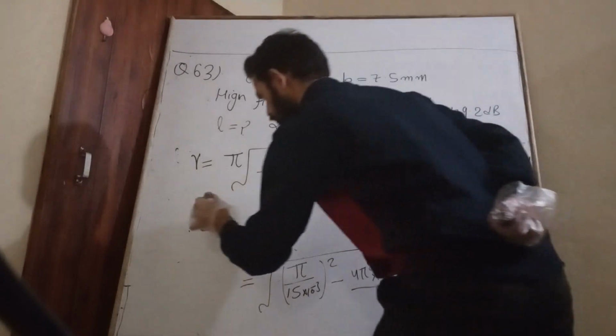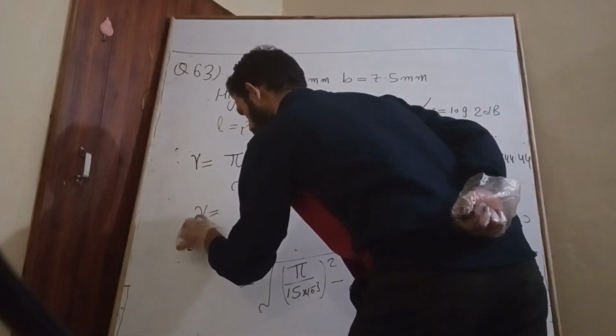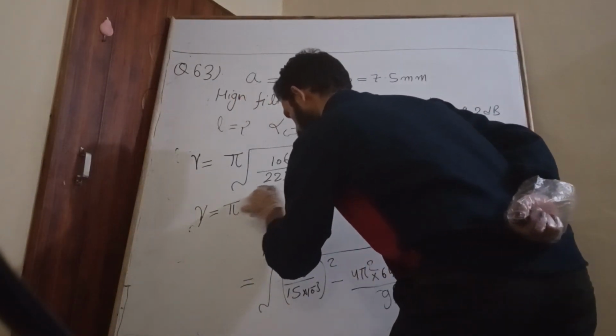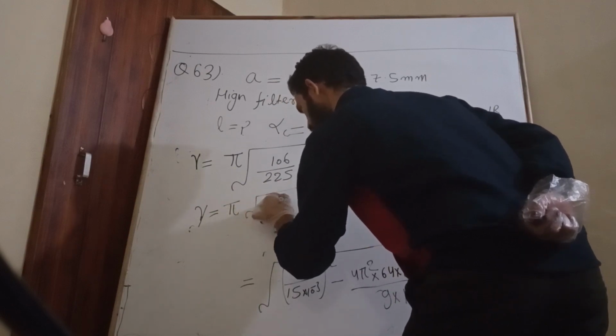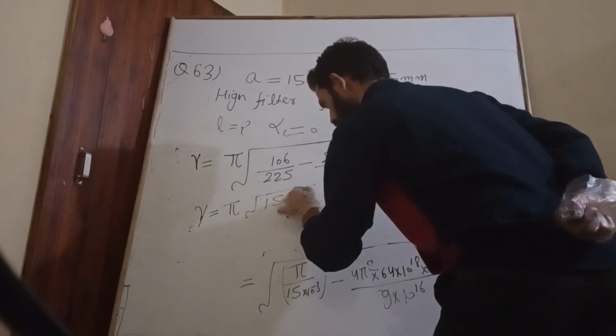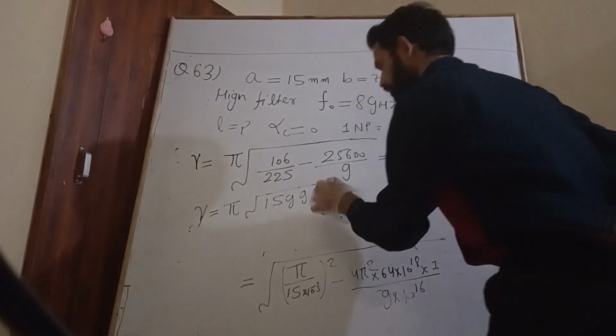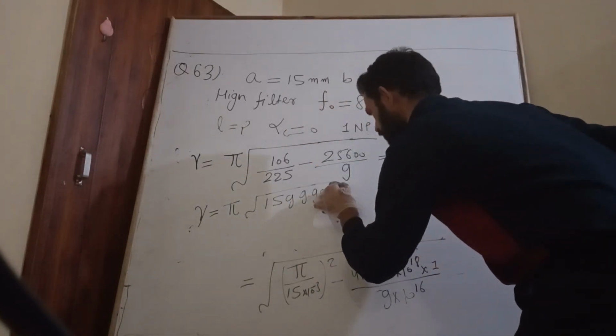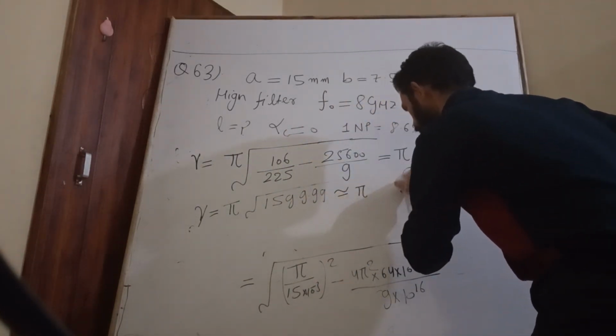When you solve this, gamma is equal to pi into the square root of, it comes to 1599.99.